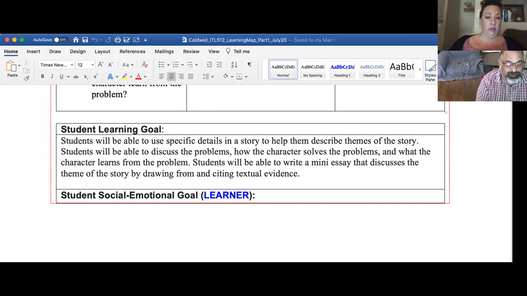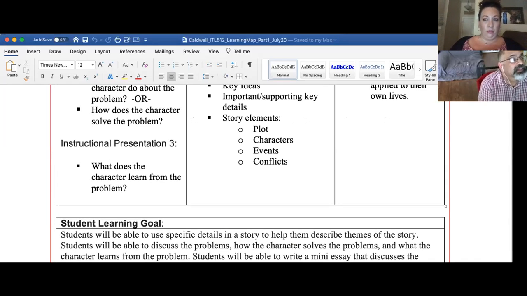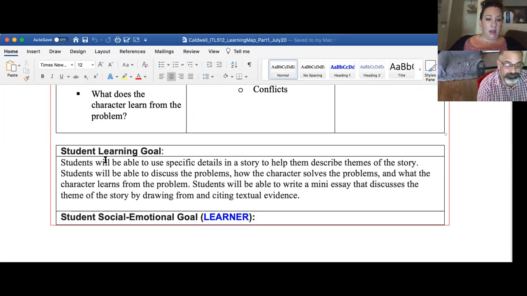They were called topics in one instance in your slides, and then they became themes. Right. So we transformed the topic into a theme. And then on my student learning goals, students will be able to use specific details in a story to help them describe the theme.